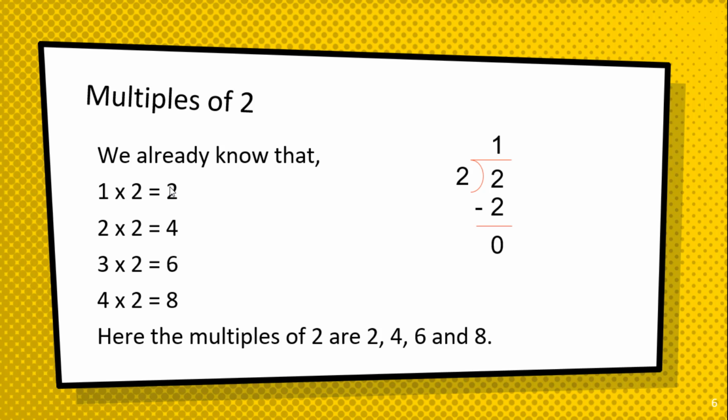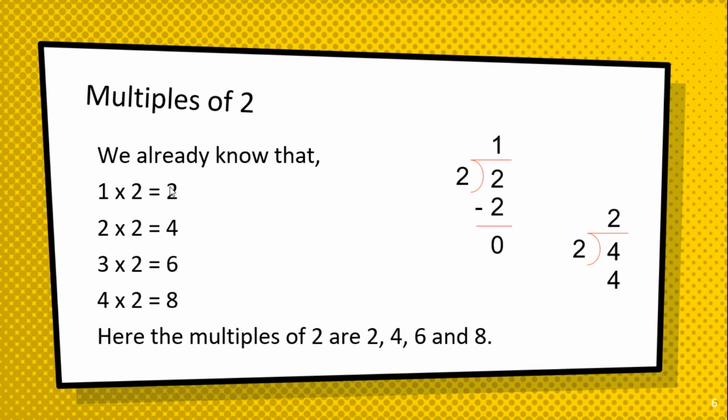Let's look at another example. So I take another division sign and I put the number 4 inside it. That was my next multiple, right? And I take 2 as we are looking at multiples of 2. When I divide 4 by 2, what is the number I'll multiply this 2 by to get 4? Yes, 2 twos are 4. Very good.